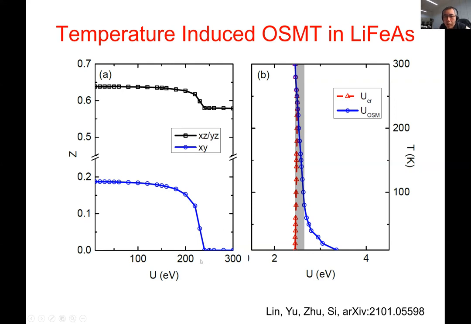We can identify an orbital selective mode transition at about 230 Kelvin, where the dxy orbital becomes fully localized, while the dxz and dyz orbitals are still almost itinerant. The quasi-particle spectral weights of the dxz and dyz orbitals almost stay constant, as observed in the ARPES experiment.